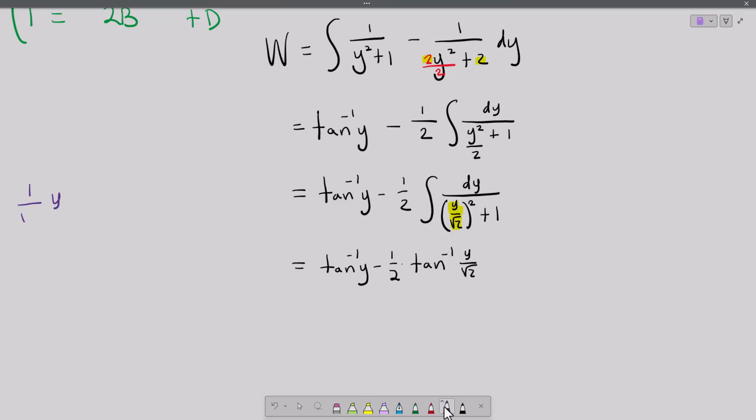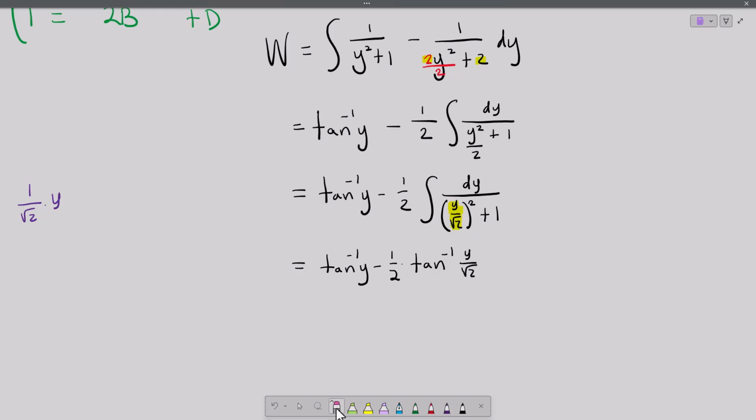So we can think of this as 1 over square root of 2 times y. So it's just linear. The derivative is just a coefficient then. So the derivative is 1 divided by root 2. And we have to divide this by 1 over root 2. Dividing by 1 over root 2 means multiplying by root 2 over 1.